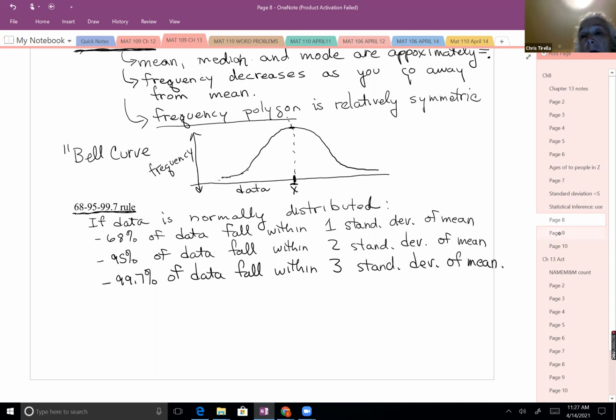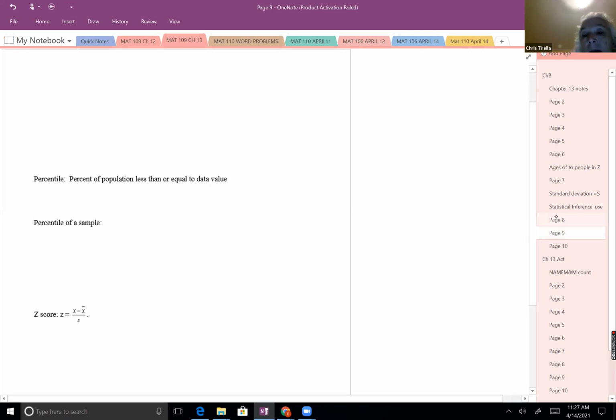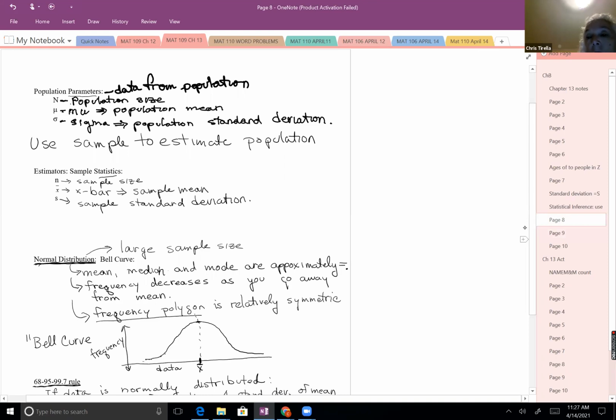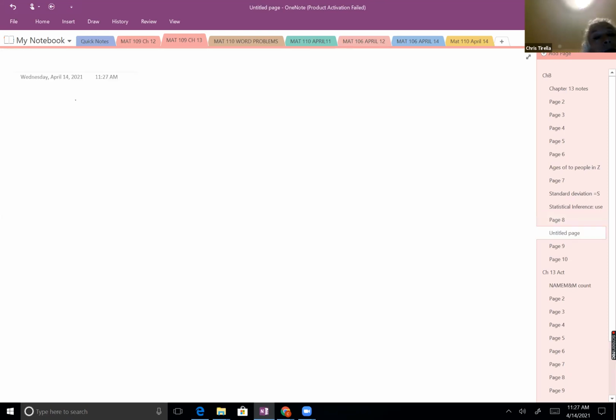So I'm going to insert a whole other page. Let's look at an example. The standardized test that I kind of know the mean and the standard deviation for is the SAT exam. Have you folks heard of the SAT exam?